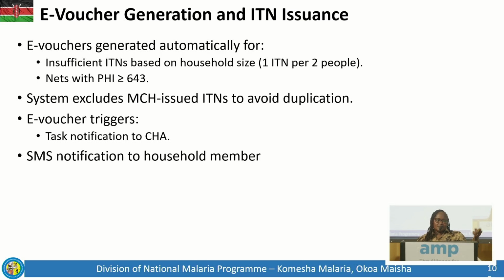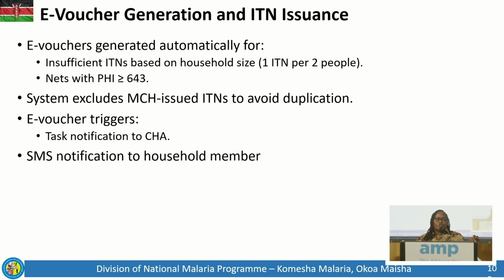And so, as I said, the e-voucher is generated automatically if there are insufficient ITNs based on household size, or if the net has a PHI greater than 643, or it's a net that the system determines is not serviceable.